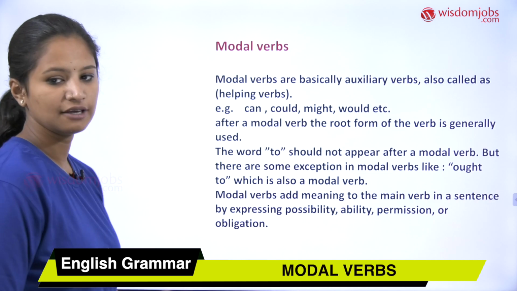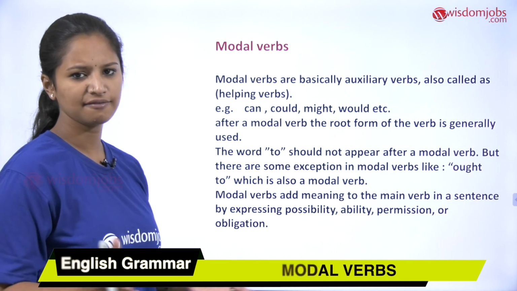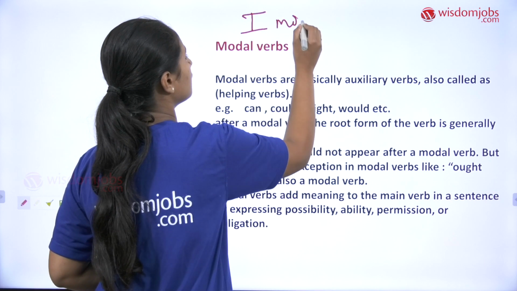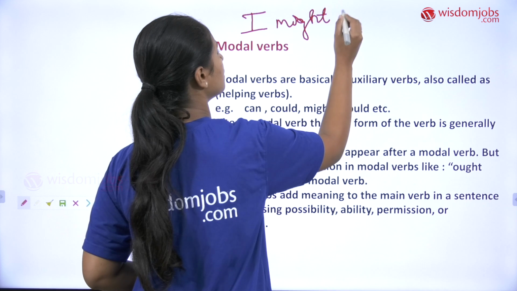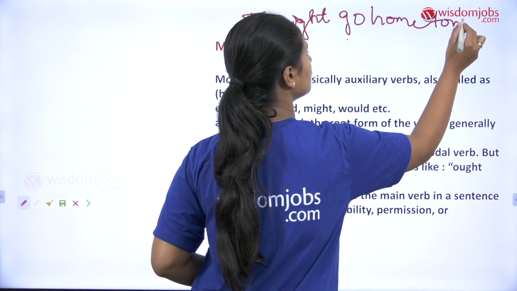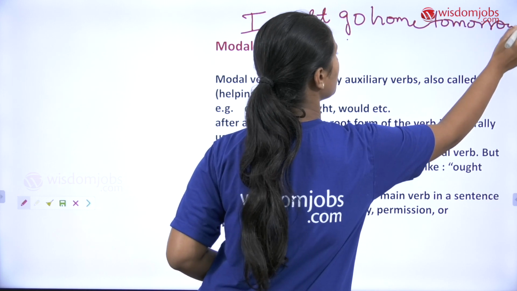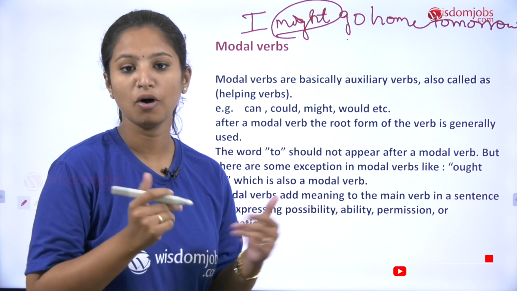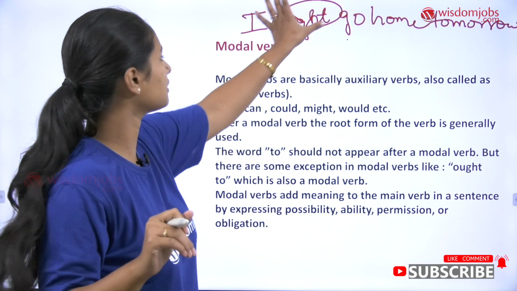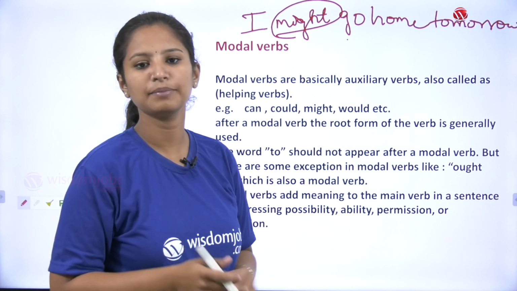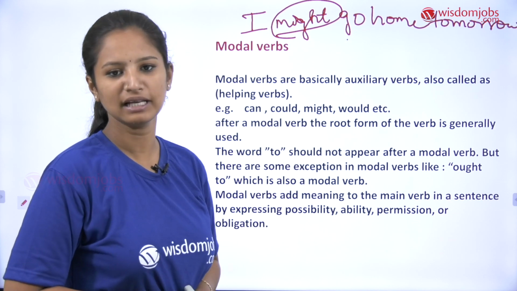Let us see an example. Just now I have given an example: I might go home tomorrow. So here might is an auxiliary verb or a modal verb. After might you can never add to, because the meaning of the sentence will completely change and there will be no meaning left in the sentence.